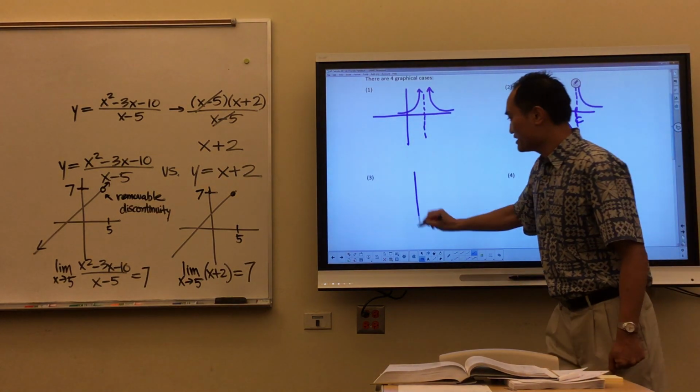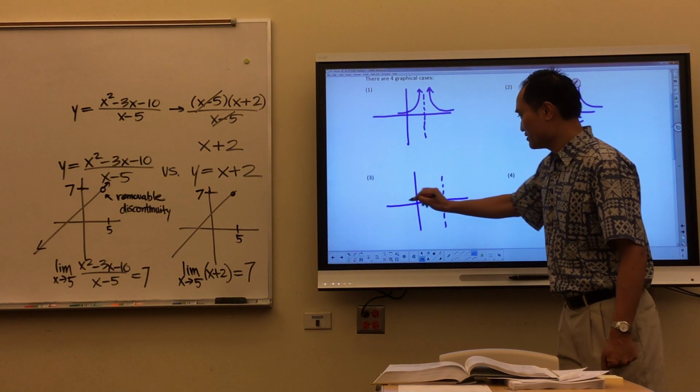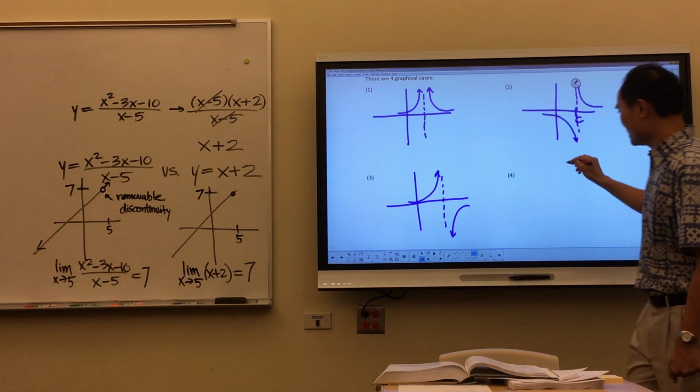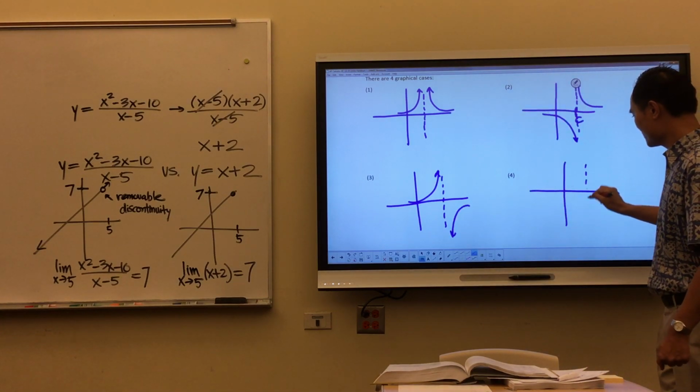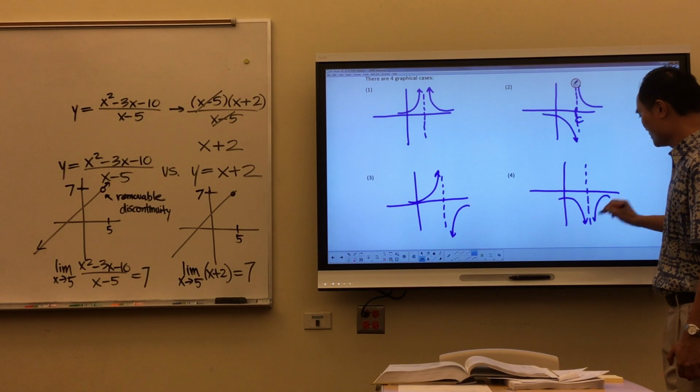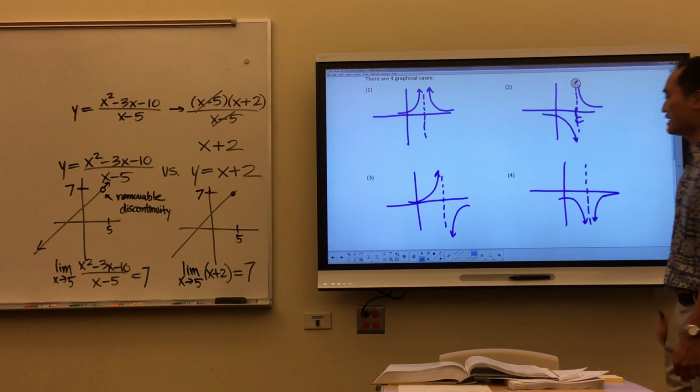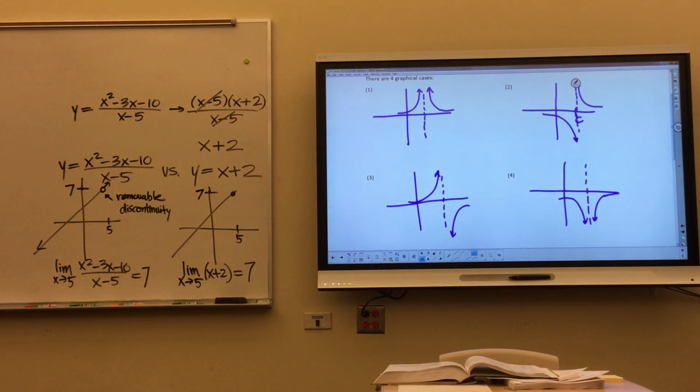And I think it's pretty obvious what the last 2 scenarios are. So all 4 of these scenarios will give us infinite limits.